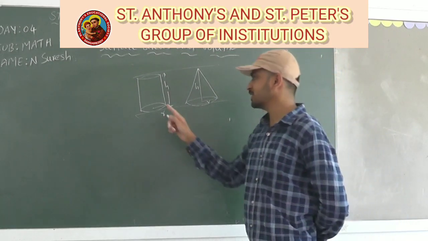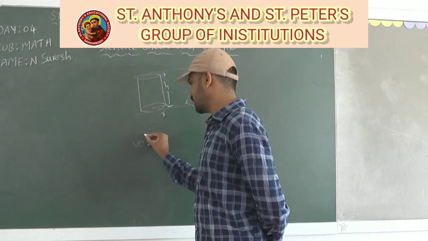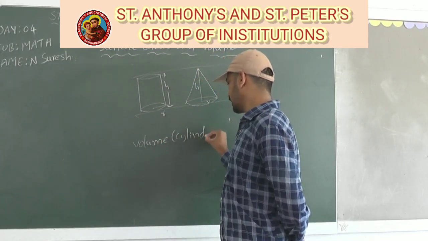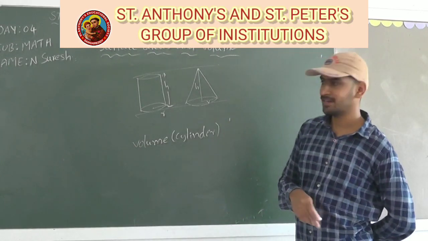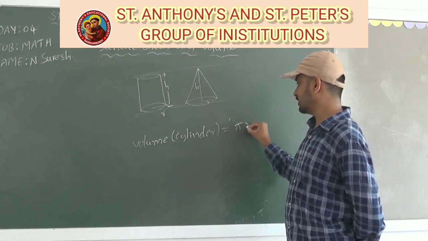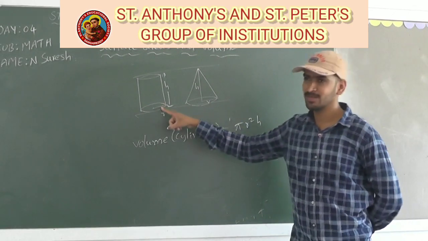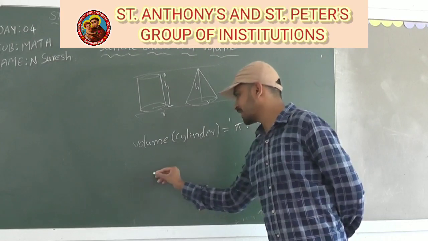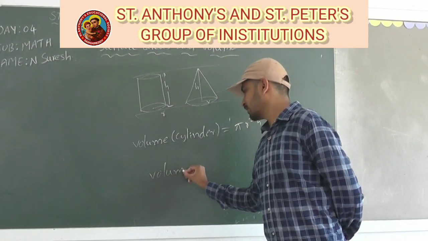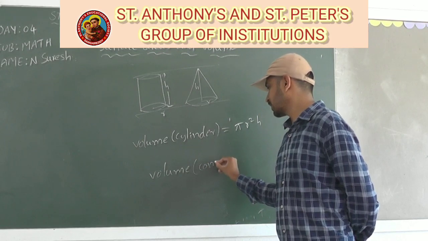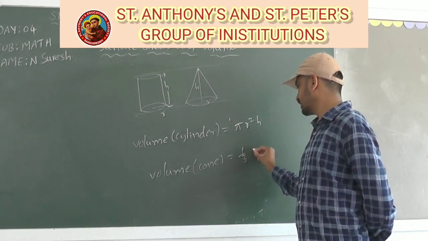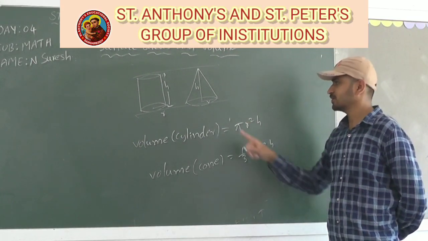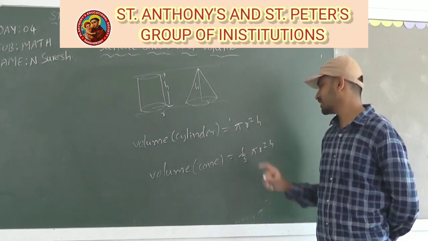So first we have to find the volume of the cylinder. Volume of cylinder: already we derived the formula, that is pi r square h, where r is the radius of the cylinder, h is the height of the cylinder. Next, volume of cone equals 1/3 pi r square h, where r is the radius of the cone, h is the height of the cone.